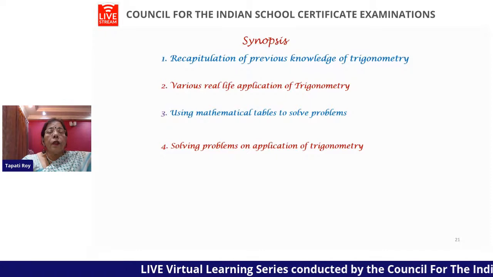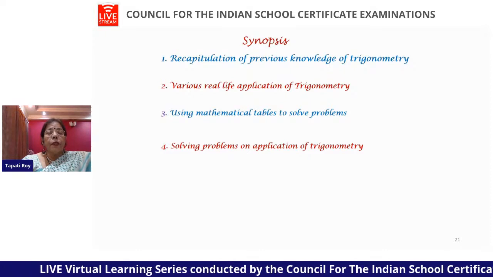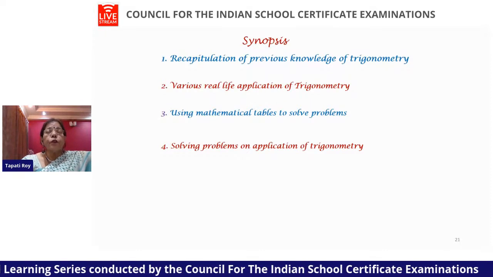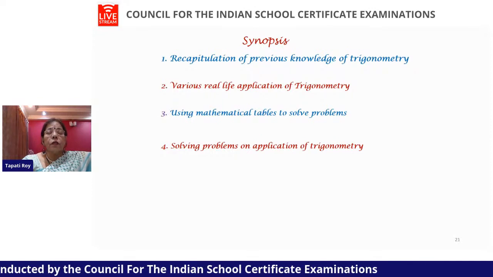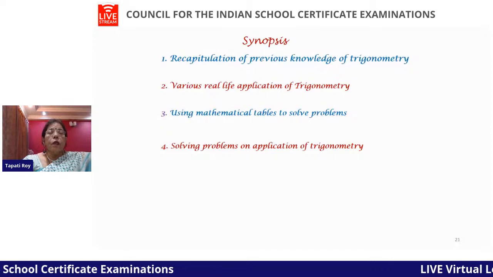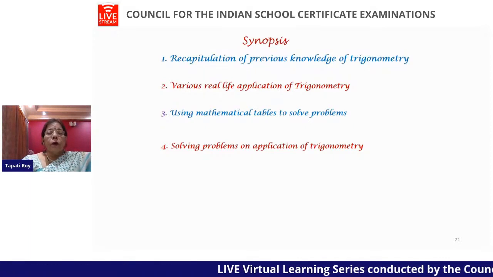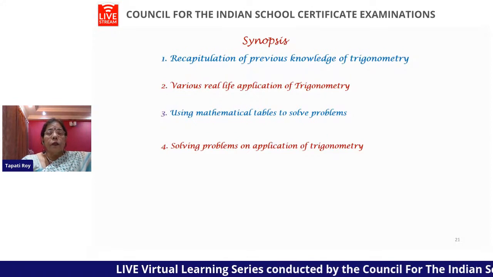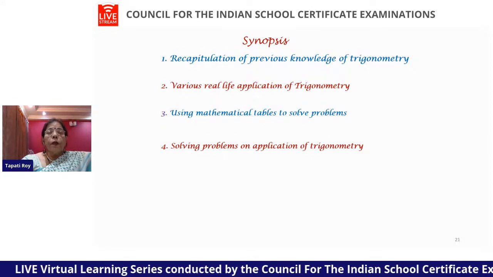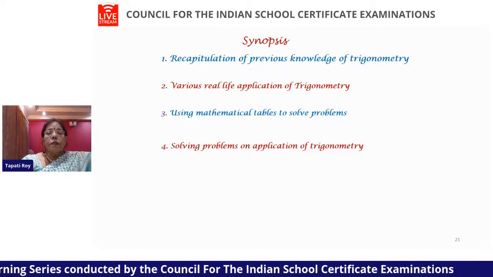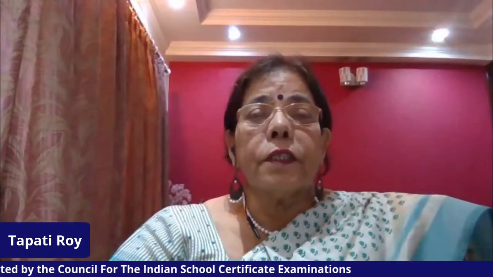And then we solved a number of application-based sums, which need the concept of trigonometry and trigonometric ratios. So I hope you've understood, and let us think and ponder over all that we have done. Remember to understand your sum. Read your sum carefully and understand it.